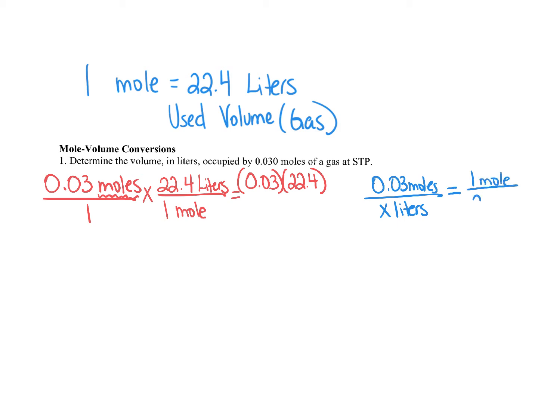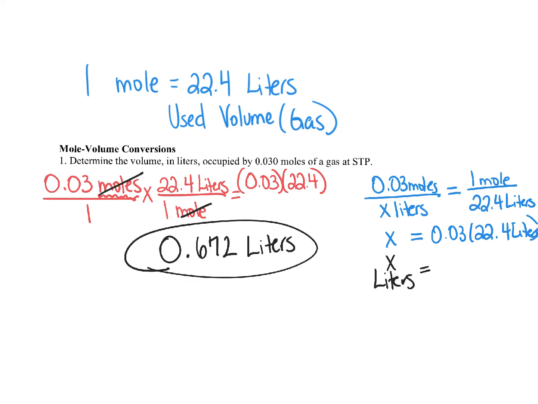So I'm going to have 1 mole and then 22.4 liters on the bottom. So again, when I cross multiply, I get X is equal to 0.03 times 22.4 liters. And I simply have to multiply to solve for this one. So once you calculate that, you should get 0.672 liters. You can round that to 2 decimal places, 0.672.